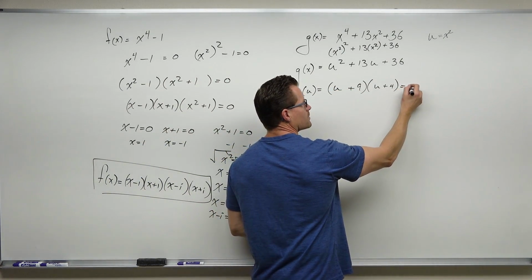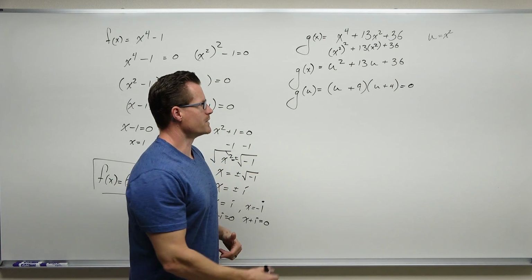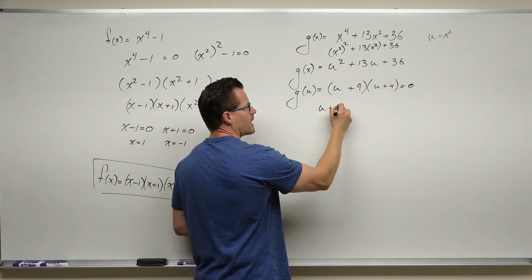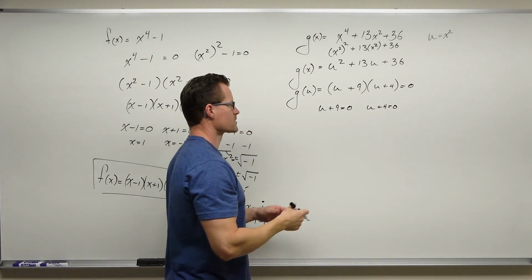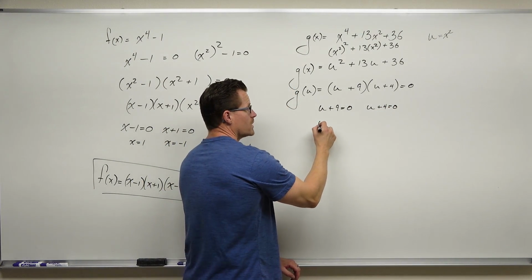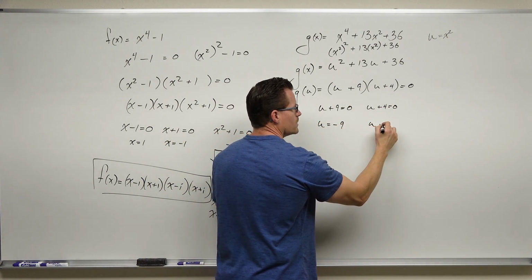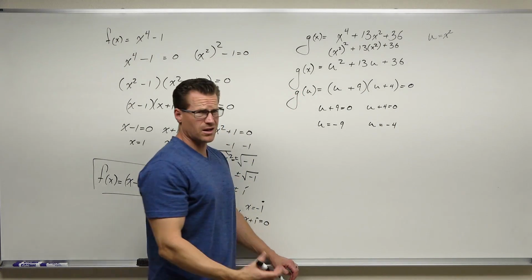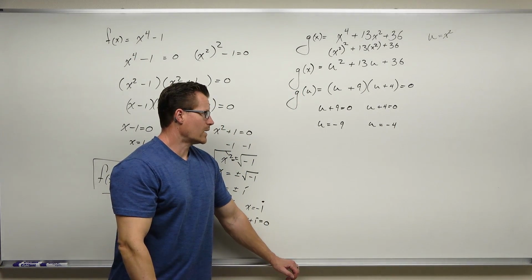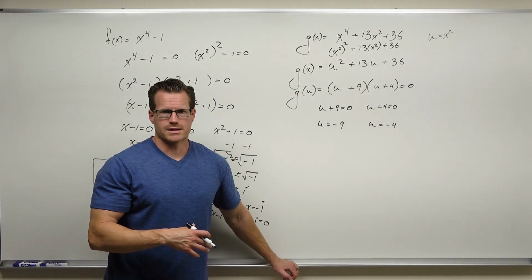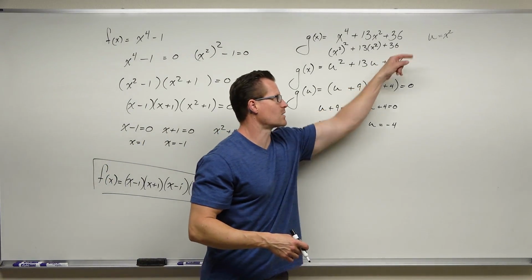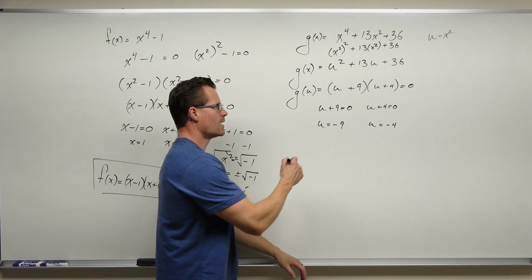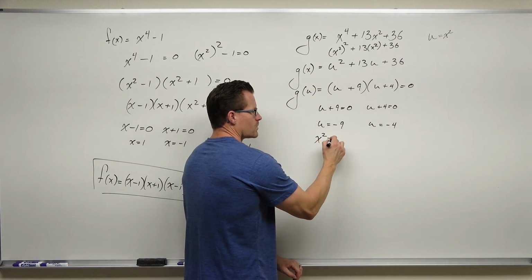If you set this equal to 0, and we're solving this now, so u plus 9 would equal 0, and u plus 4 would equal 0. Okay, I suppose that's fine. u would equal negative 9, and u would equal negative 4. That also looks okay. Well, but then we have to go back to our x's. You see, we start in terms of x's, and we got to use our breadcrumbs to get back to our x's. So if u equals negative 9, we knew that u equaled x squared.